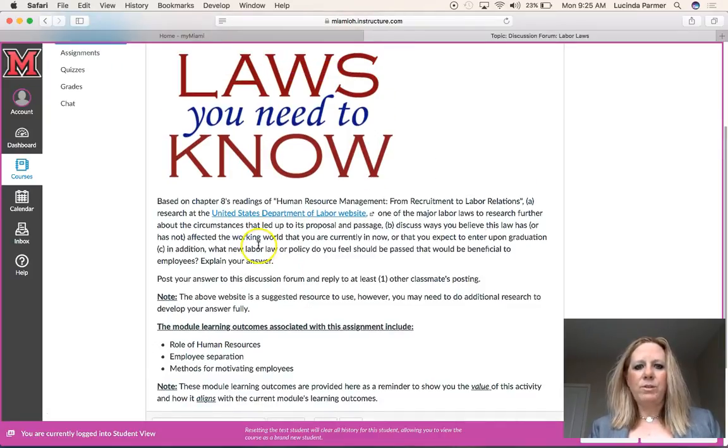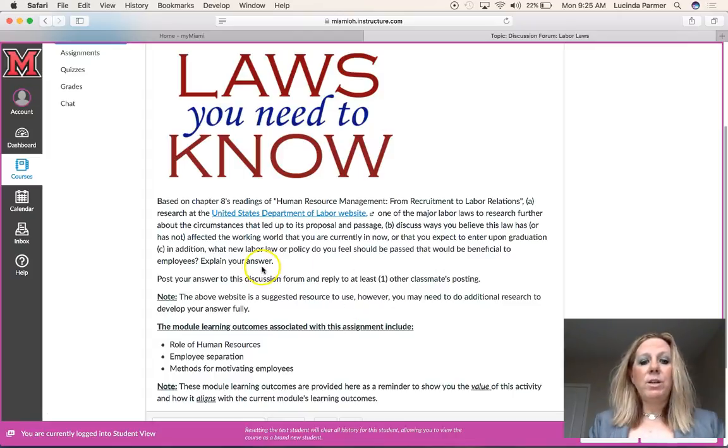So what I want you to do is go to the United States Department of Labor website, and research one of the laws that led up to its proposal and passage. You can also do outside research. Just be sure, even with the discussion forums, that you're citing your resources, and then discuss ways you believe this law has or has not affected the working world you are currently in now, or that you expect to enter upon graduation or in the future at some point.